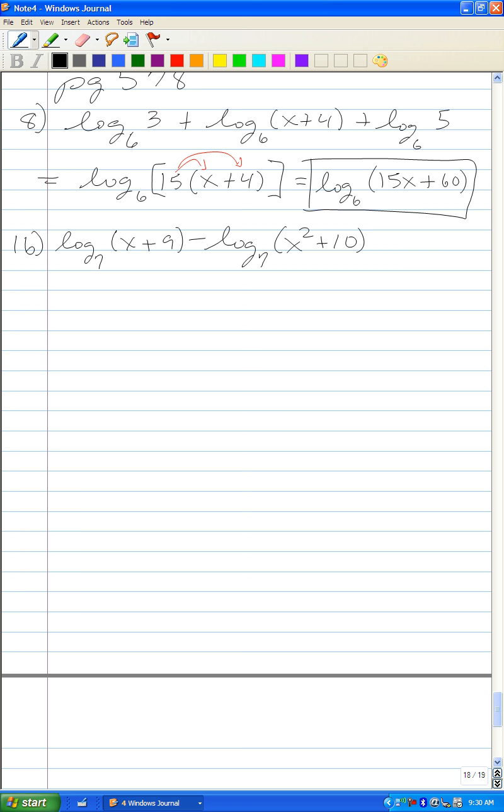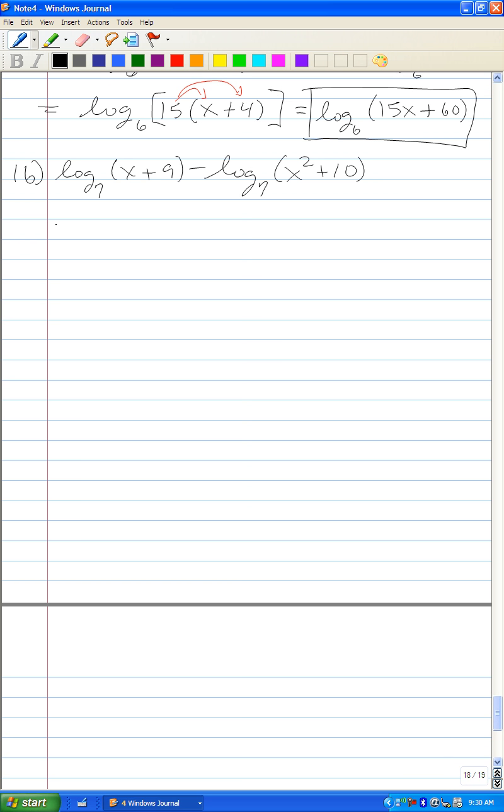Assume that variables represent positive numbers. And so this is the log base 7. Since x plus 9 is positive, x plus 9 will be in the numerator. Since I'm subtracting, then I'll divide by x squared plus 10. And that is your answer.